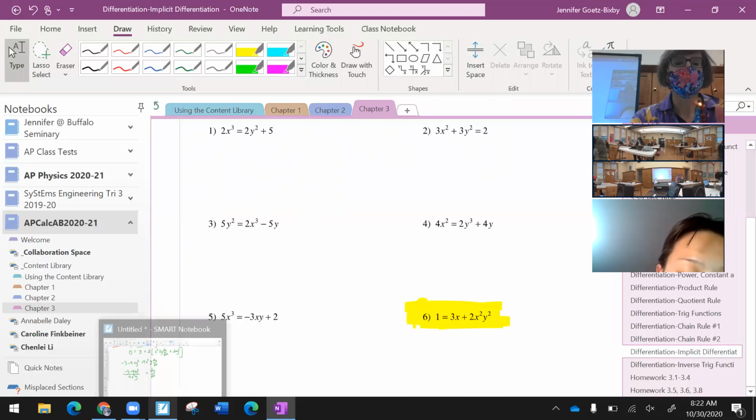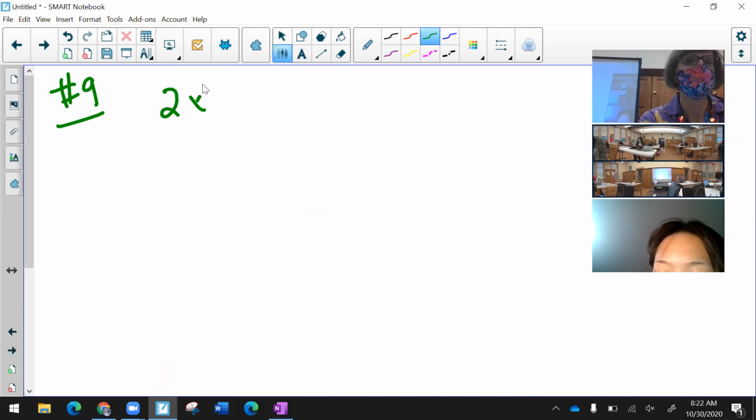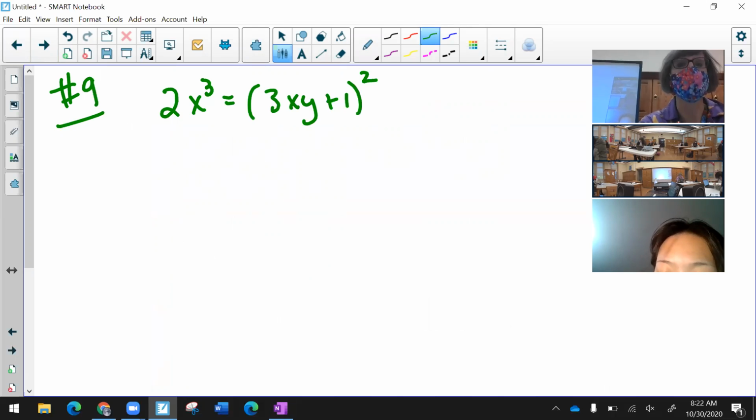So my OneNote is frozen, but it's okay because I have it figured out. So number 9 is 2x cubed is equal to (3xy plus 1) squared. Is there one factoring 3x? Like, multiplying it out? You could, but I think it would be excellent practice for chain rule combined with implicit differentiation.